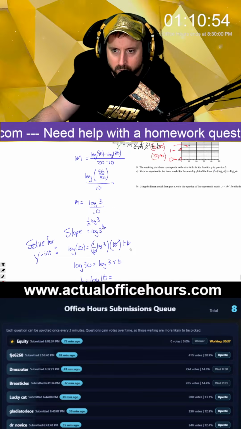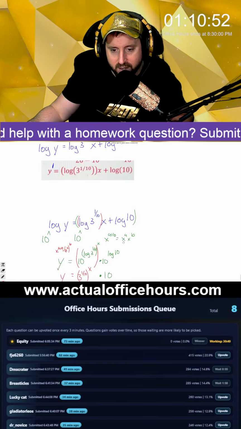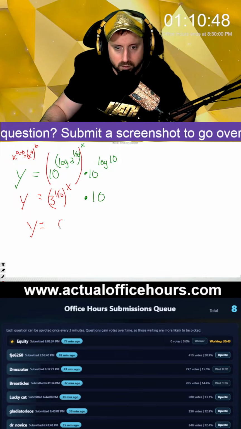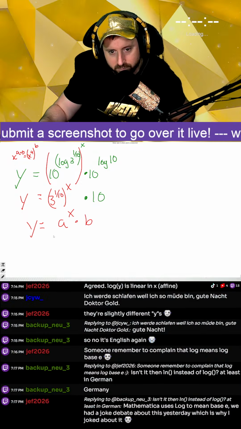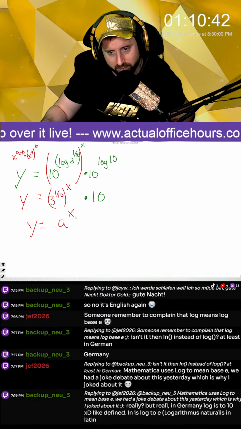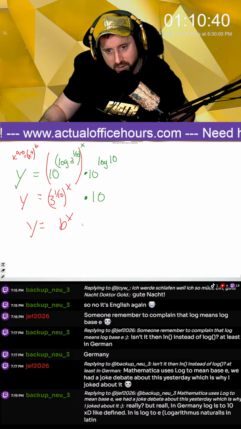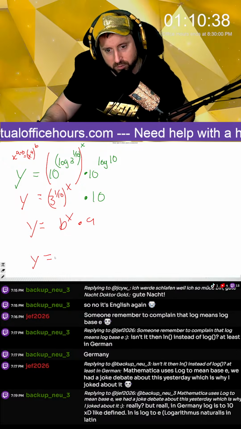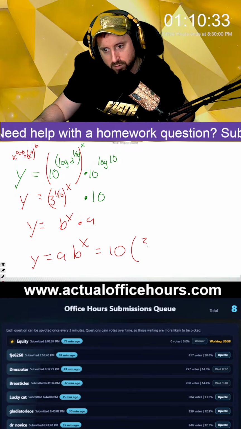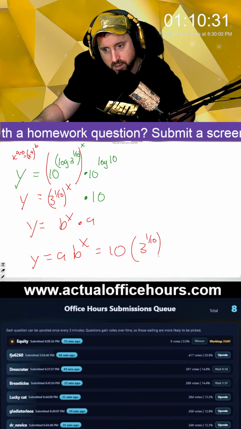Which I think is what they wanted, right? Or a to the bx. Sure. Sorry. Yeah, a to the x times b. So y equals... Wait, no. They wanted b to the x, sorry. B to the x times a. So y is equal to a times b to the x, which is the same thing as 10 times 3 to the 1/10 to the x.